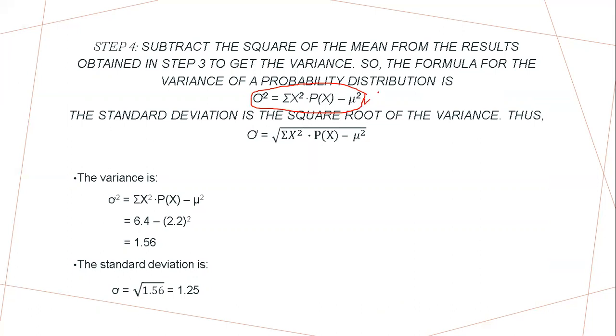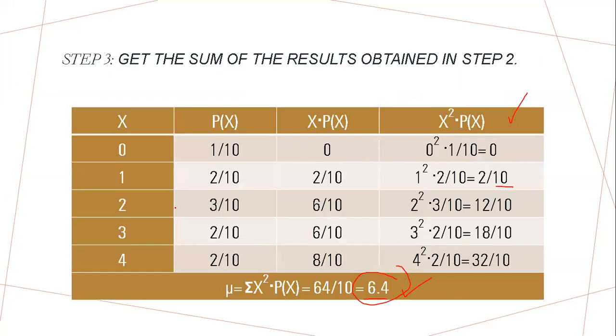Magagamit natin si formula using the step 1, step 2, and step 3 kanina. So, gamitin na natin tong formula para makuha si variance. So, anong formula natin? We have the summation of x squared times P of x or the probability. Which is ito nakuha natin kanina. Which is the last table. Ayan. Ito siya, di ba? Ayan, kung naalala nyo siya. Ito ba?